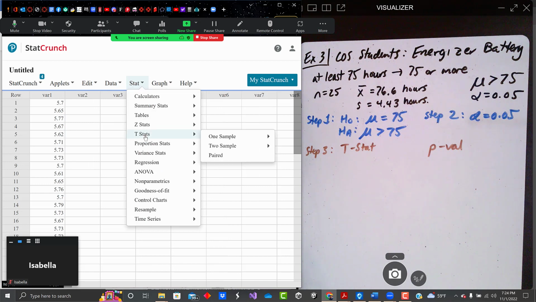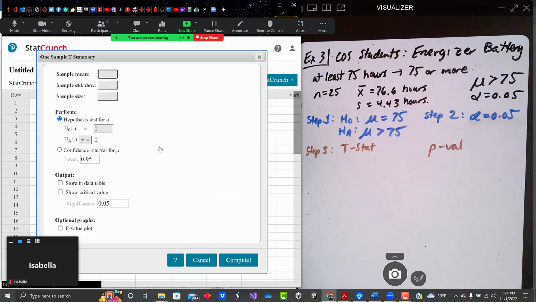So we're going to do stats, t-stats, one sample. We don't have the data, so we have to do it with summary. And they gave us the mean was 76.6. The sample standard deviation is 4.43. Sample size was 25.